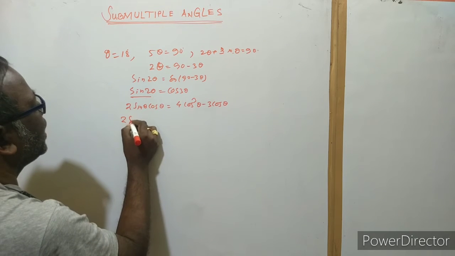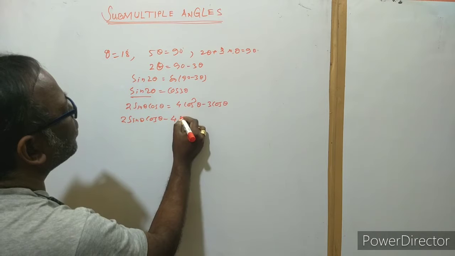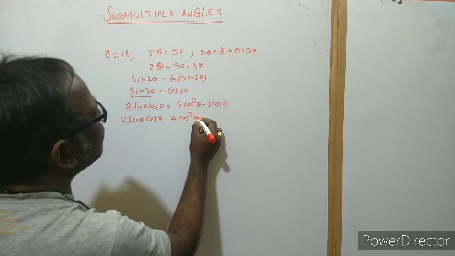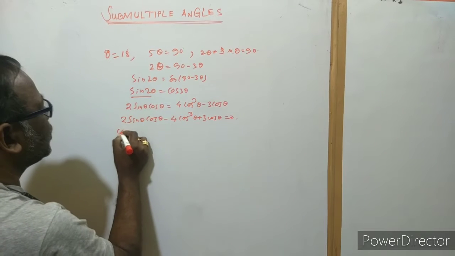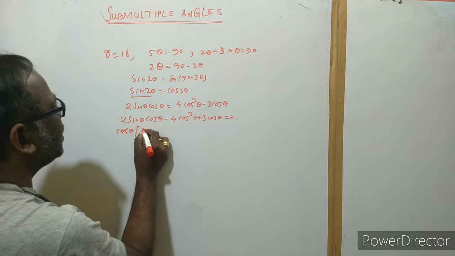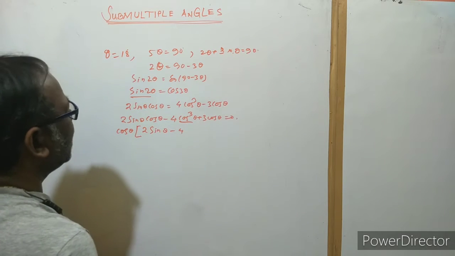So what do we get here? We get 2 sin theta cos theta minus 4 cos cube theta plus 3 cos theta equal to 0, and take cos theta common. So this is sin theta, and here is cos square theta.